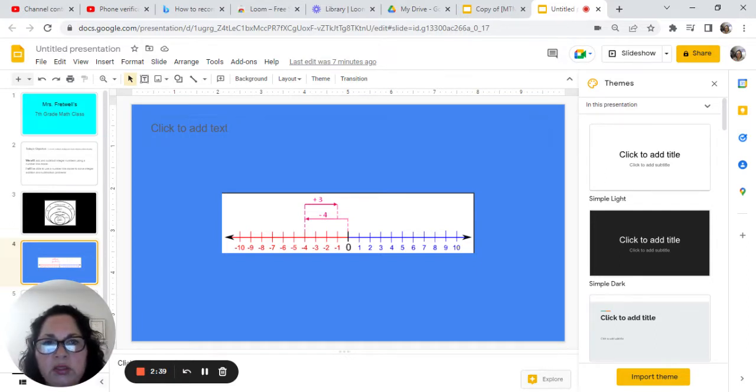If you want to use different color pens or pencils, please do so that you have two distinguished parts to your integer number line. Give me a thumbs up, everybody, once you have that done. Looks like everybody is good.